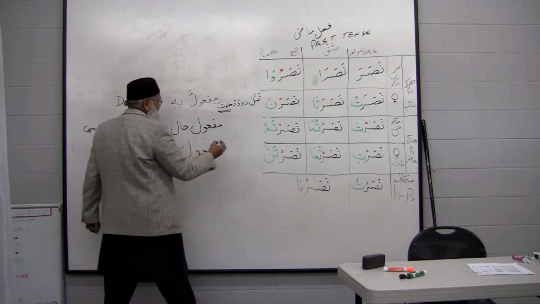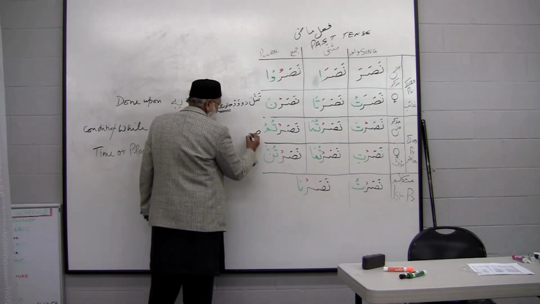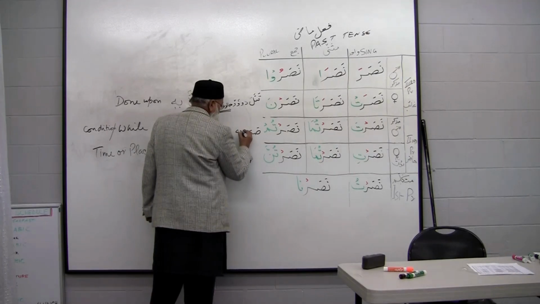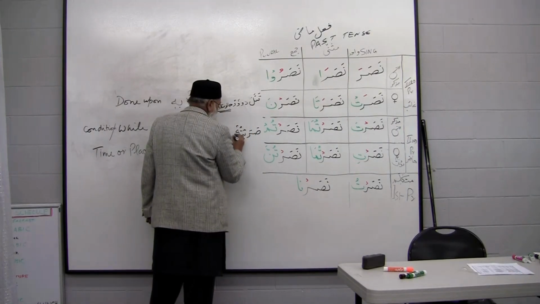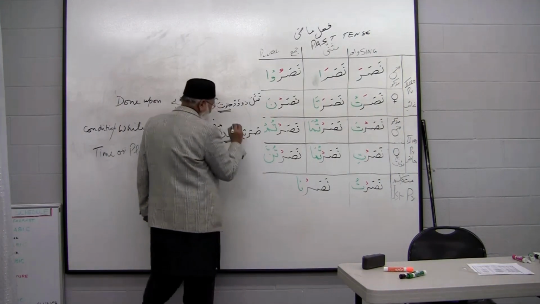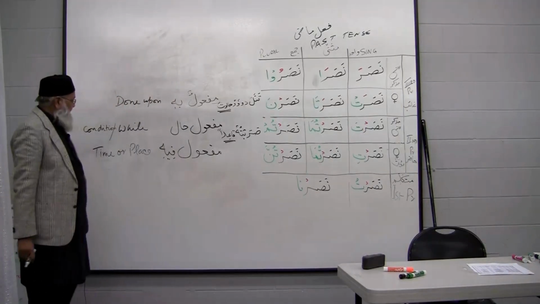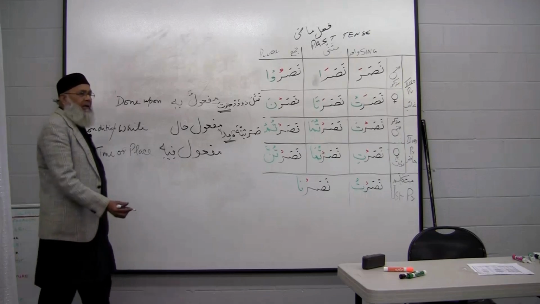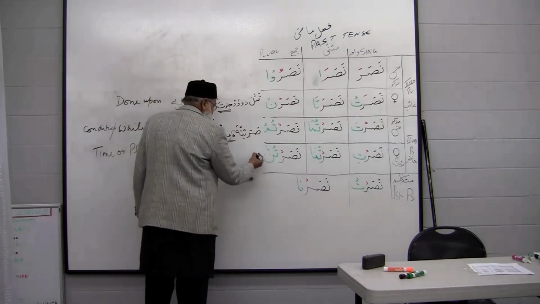Example of this is Darabtuhu Qa'idan. This is nasab form. Example of this is Maf'ul fihi: Allamtuhu Sabahan.